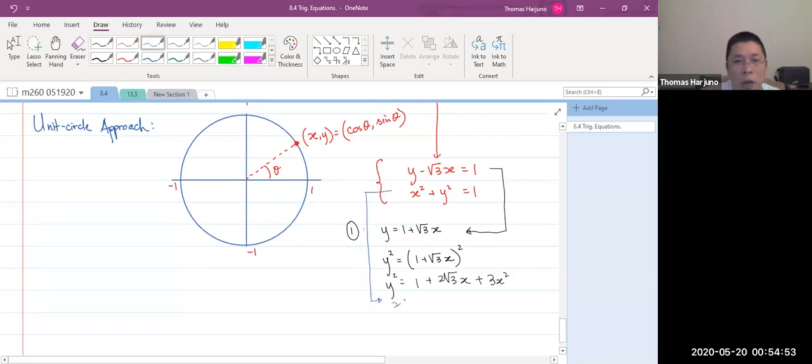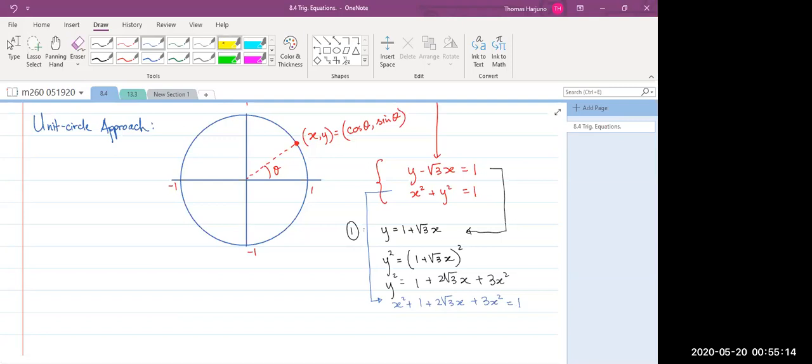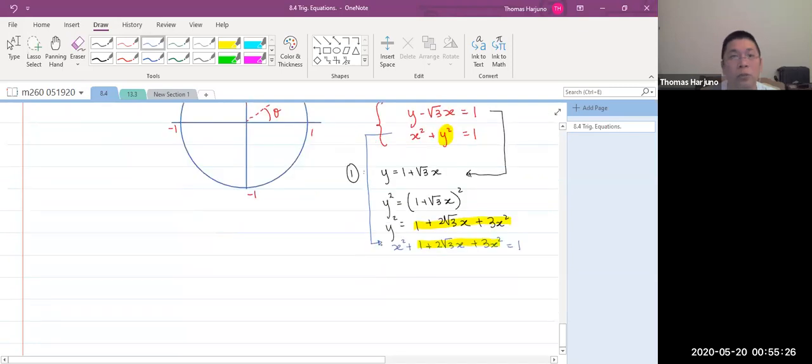So x squared plus y squared, which is 1 plus 2 radical 3 x plus 3x squared, equals 1. Can you follow me? Well, we are lucky that the 1 cancels.